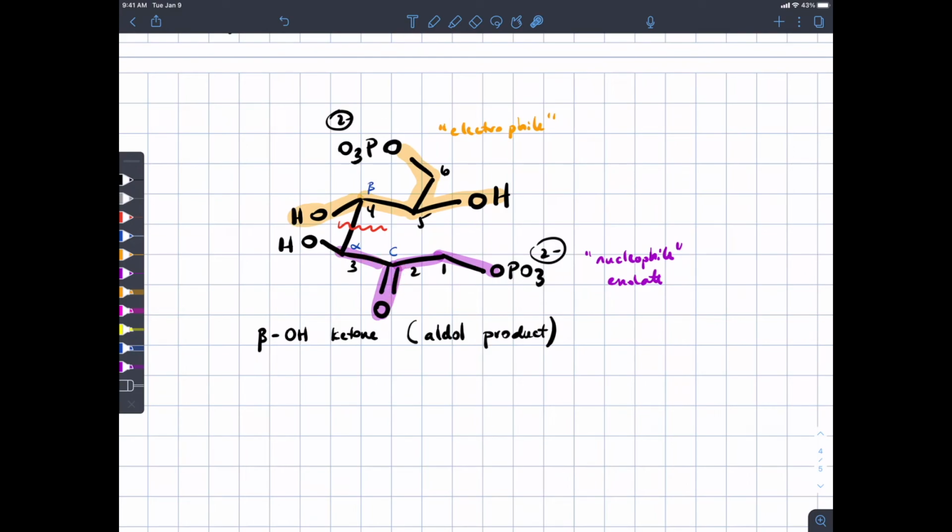Okay, so what is the retroaldol going to look like? We're going to have some base, and this is likely the enzyme, and this is going to remove a proton from the OH group.